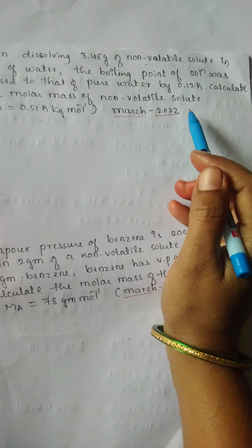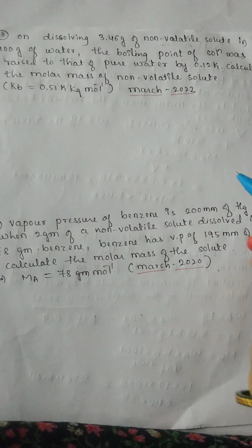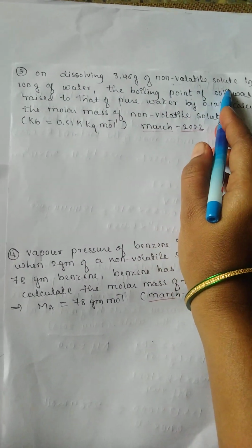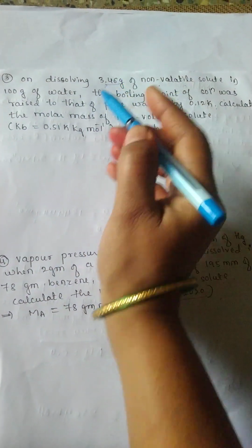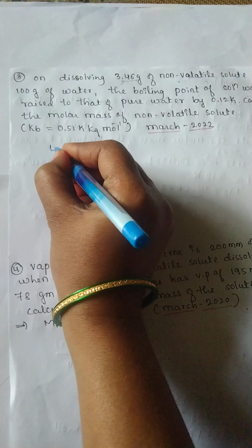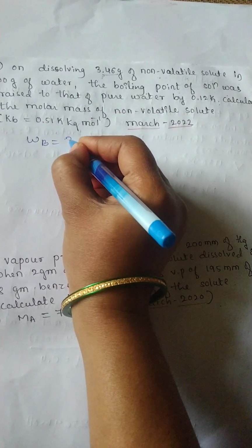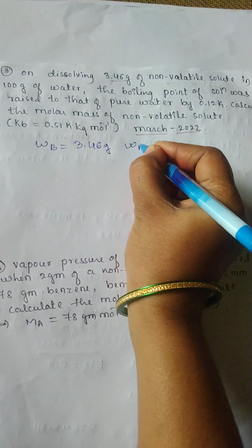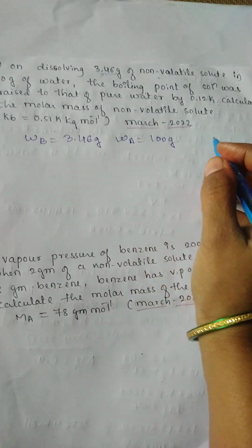So here, on dissolving 3.46 gram of a non-volatile solute in 100 gram of water, WB is 3.46 gram, then WA is 100 gram.